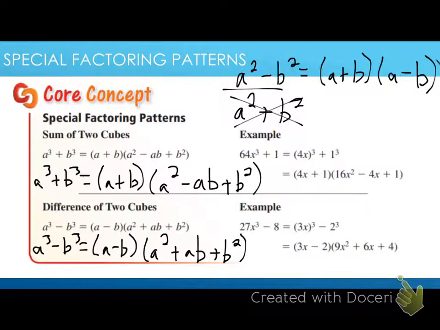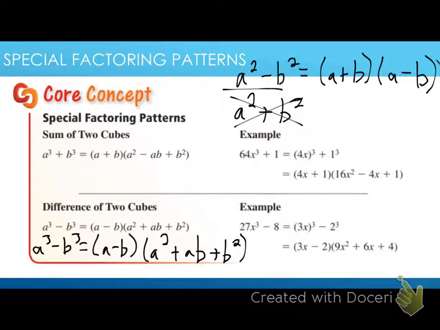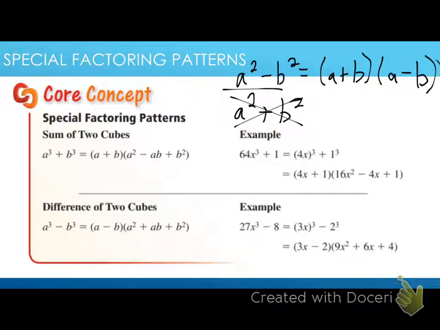So something to recognize may make it a little easier to remember these formulas. If I have a sum of two cubes, we have the same sign right there, and then we have the opposite sign right there.